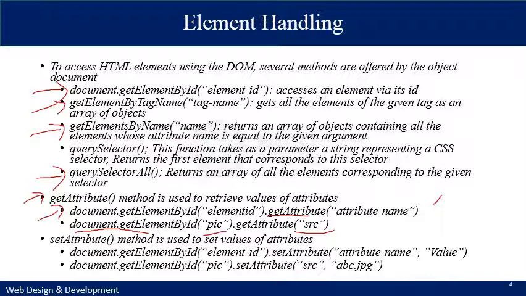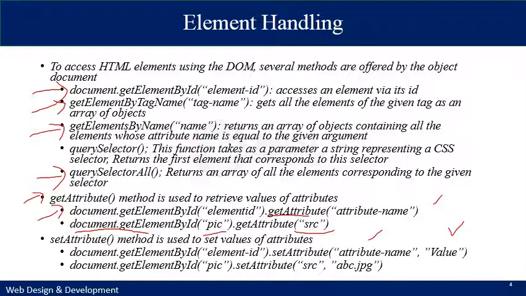Similarly, you can set the attribute using the setAttribute method, and you can specify the value of your attribute by specifying a new value. This can also be done by accessing the element and then setting the attribute, specifying the attribute name and the value.